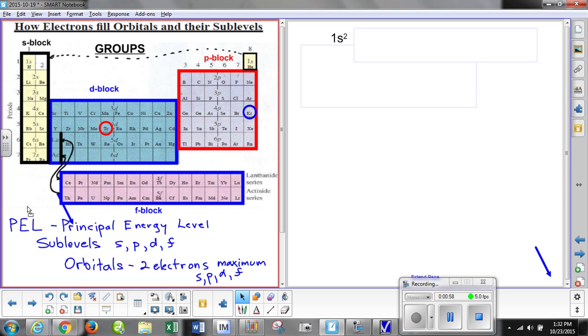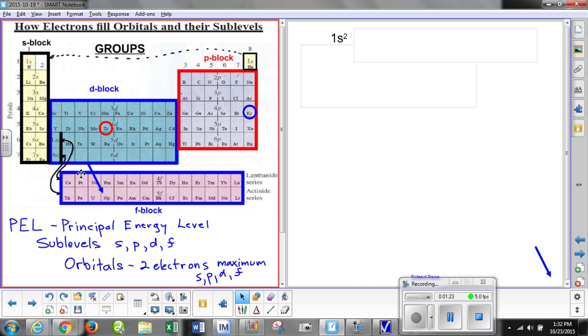Okay? Now we're going to make sure that everybody writes down this stuff down here. This is essentially what's called a hierarchy, or an organization, of how we put together the terms principal energy level, sublevels, and orbitals. A quick overview: the principal energy level is like the row numbers on the left of the periodic chart.